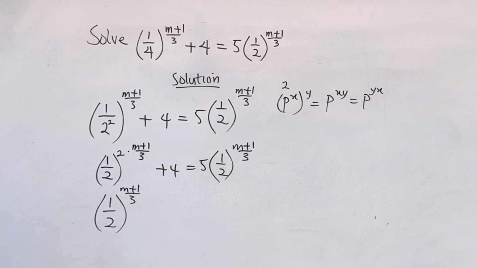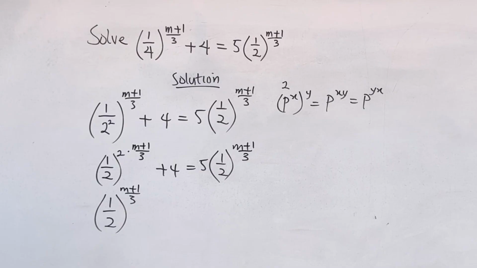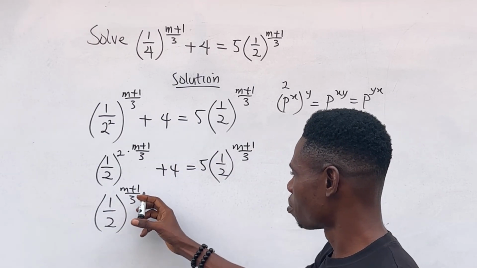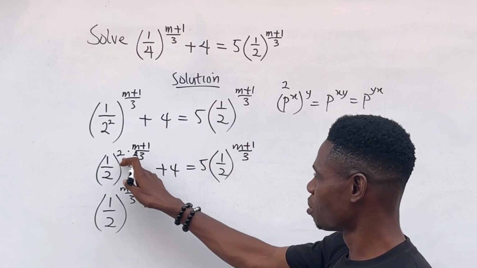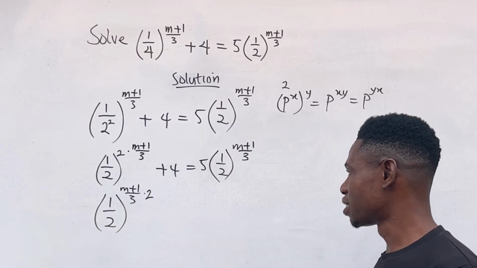And now why am I doing this? I'm trying to make this similar to this so that we can substitute and move on from there, because it's still looking very big. So remember now I can say multiplied by 2, this same 2, so this multiplied by 2 is still the same.